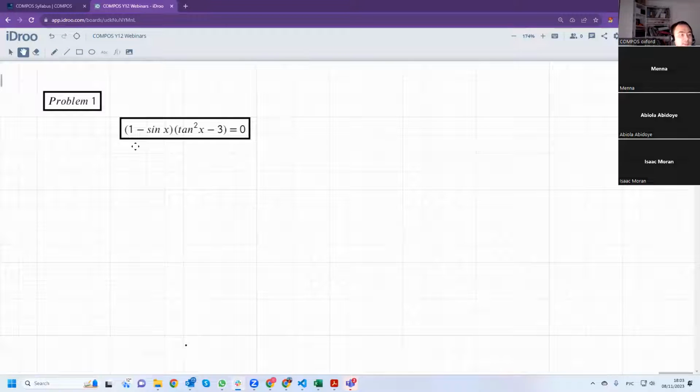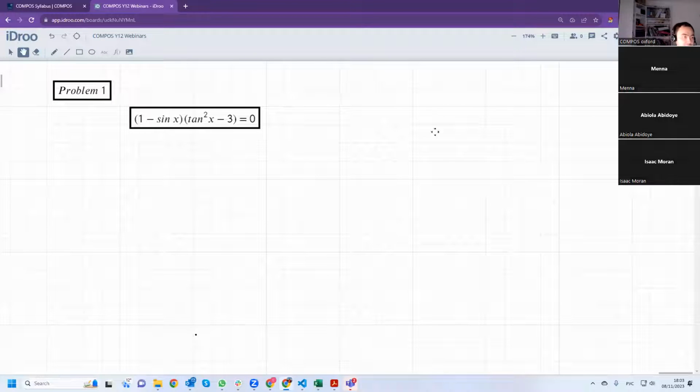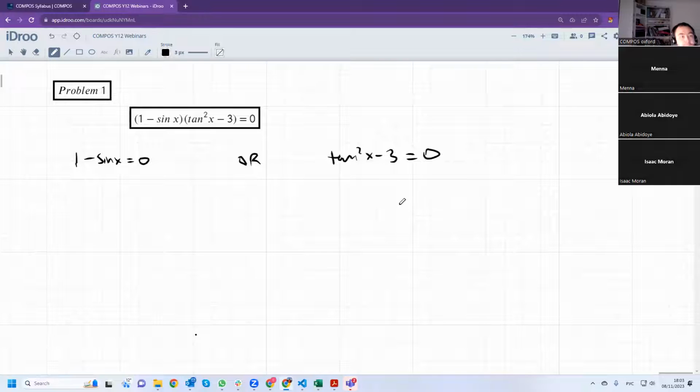We need to solve the equation, and this is a product of 2 things. We know that if you have a multiplication and it's equal to 0, then one of them is 0. So basically, we can say that 1 minus sine x is equal to 0, or tan squared x minus 3 is equal to 0.